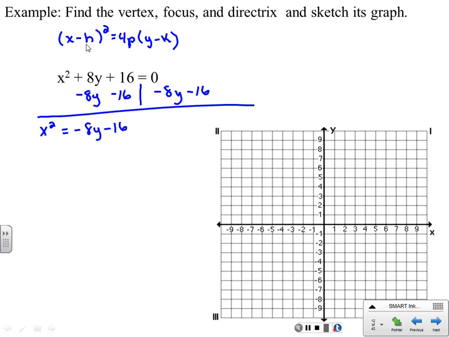So we're going to factor out a negative 8. And we've got it. Now it's in standard form.